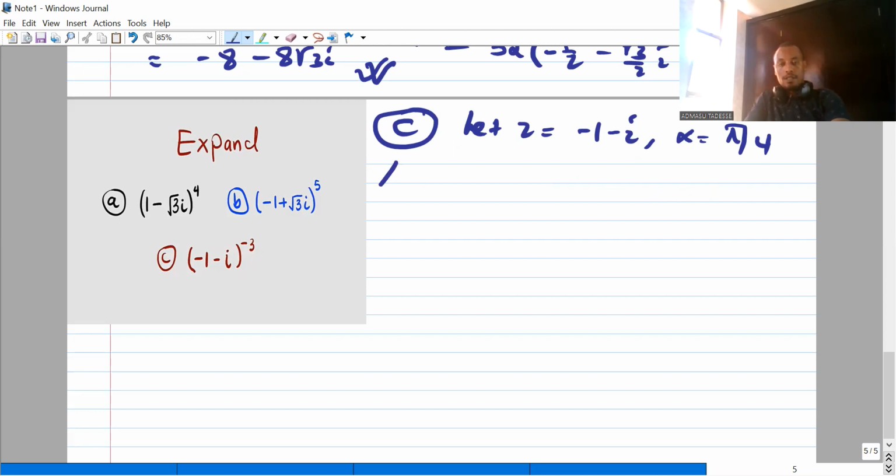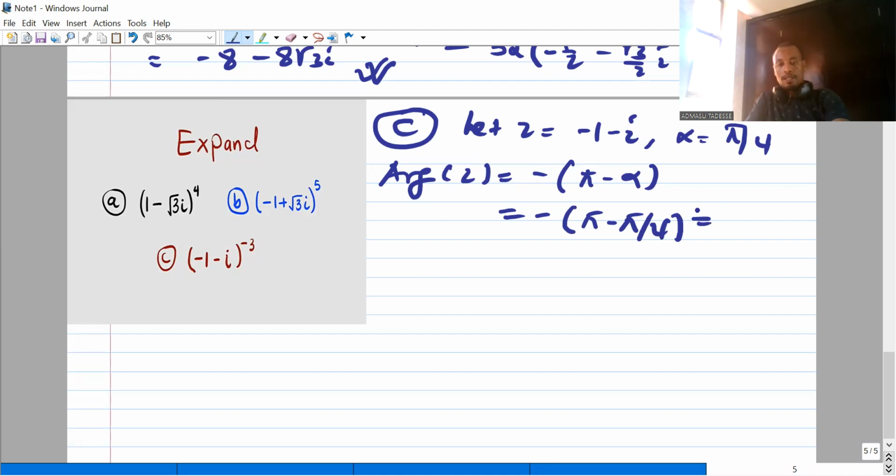As long as it is in the third quadrant, what we are going to do is take the negative of pi minus alpha, right? Negative of pi minus pi over 4, that is 3 pi over 4, right? So minus 3 pi over 4, which is a third quadrant angle.